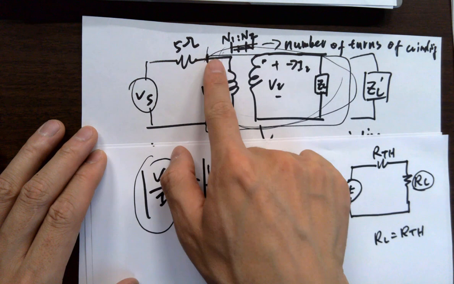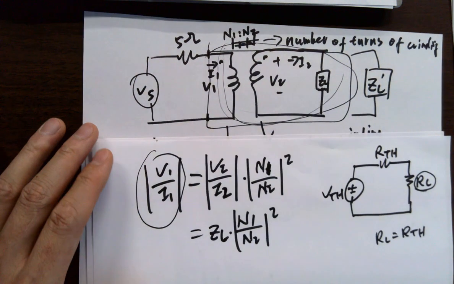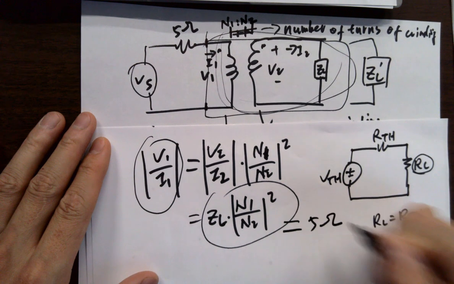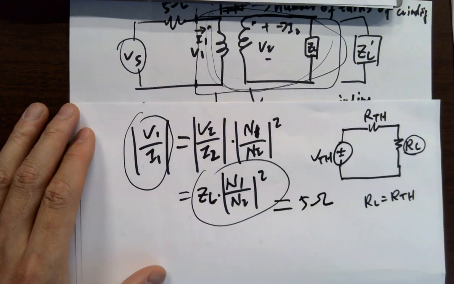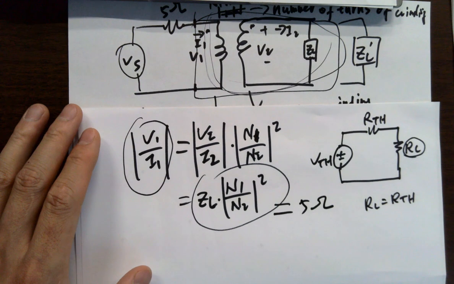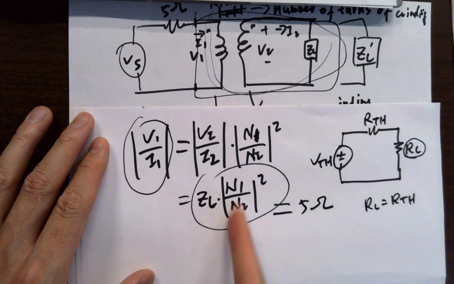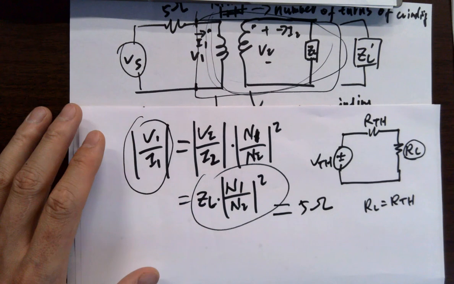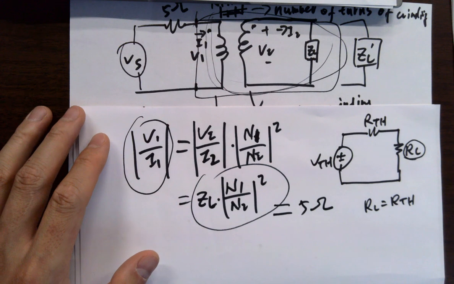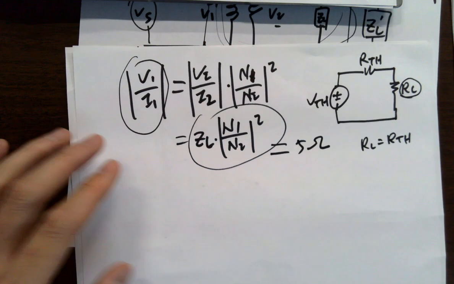Or after this resistor. Does that make sense? You just need to make this guy equal 5 ohms. Okay, depending on the problem, you are either calculating ZL or calculating the ratio here. Any question on this? That far? No? Okay.